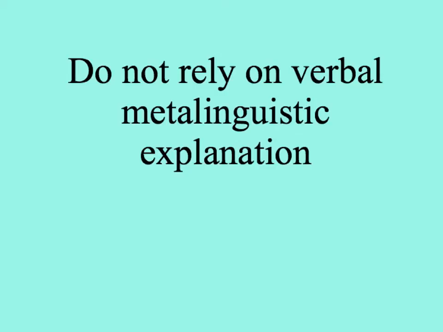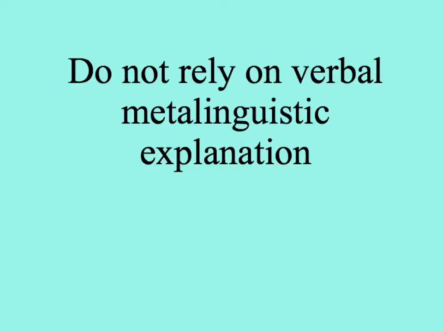Sometimes teachers think of teaching grammar as providing students with metalinguistic explanations. So, for example, if they are teaching the articles a and the, if they rely on verbal metalinguistic explanation, they might say that, okay, a and an are indefinite articles, and we use the indefinite articles the first time we mention something, and then when we mention something again, then we use the definite article the.